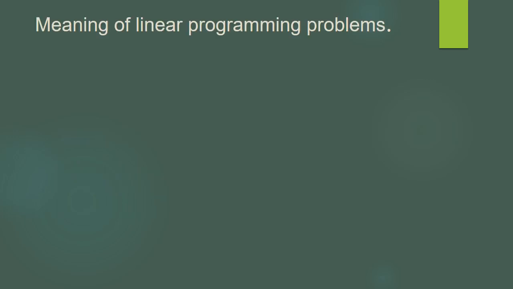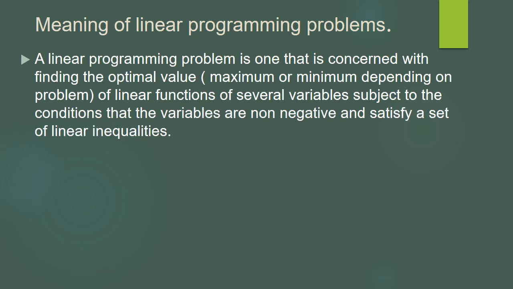A linear programming problem is one that is concerned with finding the optimal value, that is a maximum or minimum, depending on the problem, of a linear function of several variables, subject to the conditions that the variables are non-negative and satisfy a set of linear inequalities.